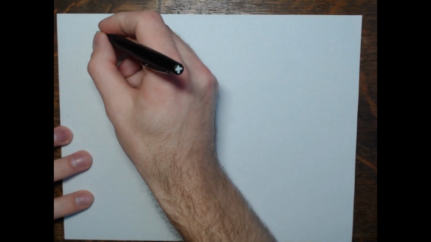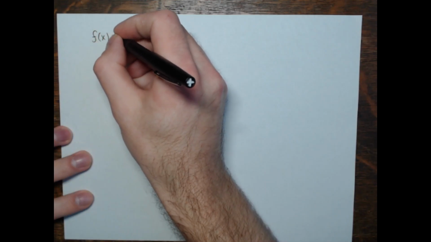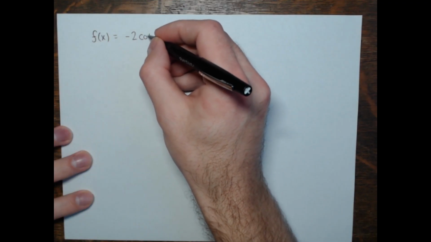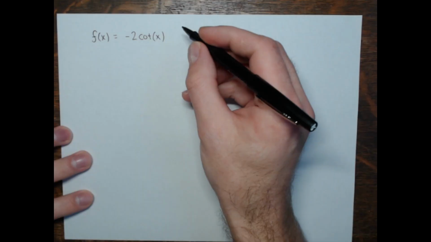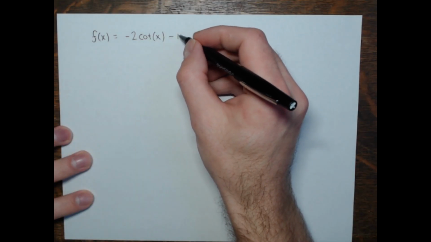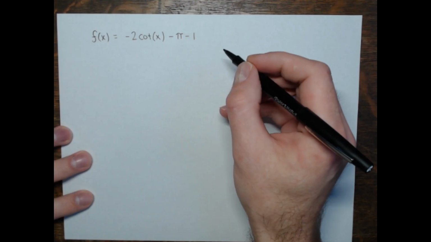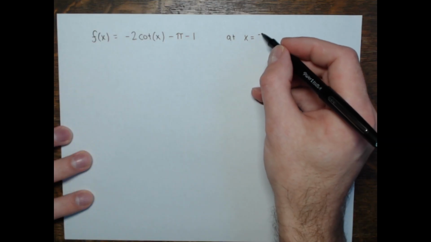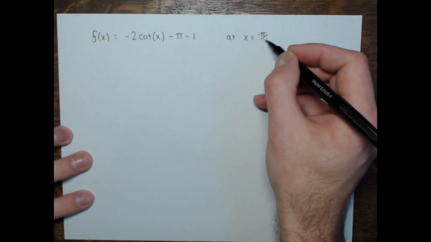All right, so the function we're given, f of x equals -2 times the cotangent of x, then minus pi minus 1. And we're talking about x equals -pi/4 once again.